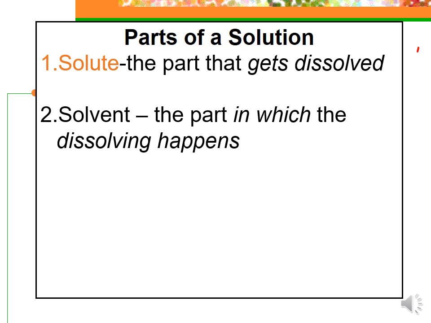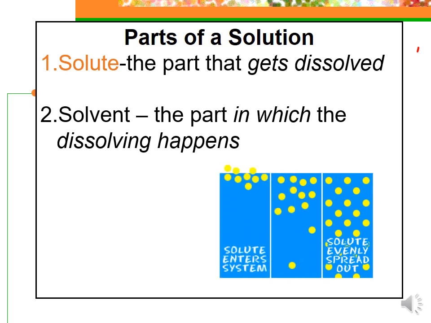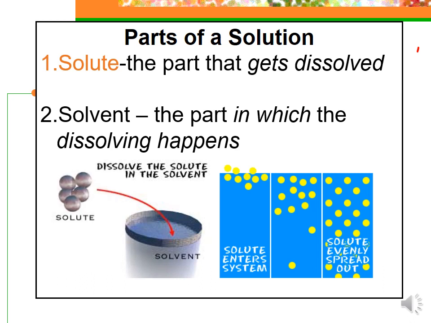So a lot of things will dissolve in water. So what happens is the solute enters the system, the solvent, and it ultimately will spread evenly out. So remember, solute is the thing that can be dissolved, and solvent is the thing that does the dissolving.